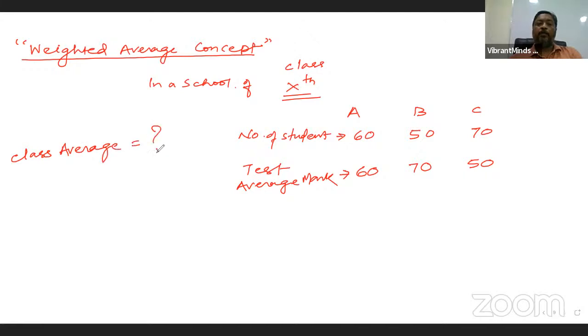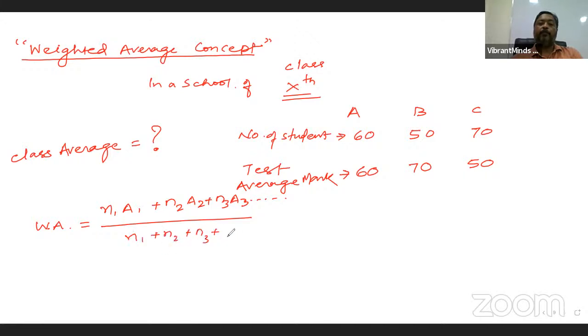I do not want section wise average. I want the class average. So what does weighted average say? You find N1 A1, N2 A2, N3 A3, and if you have more you go on, and you divide it by N1 plus N2 plus N3, and if you have more, you go on.